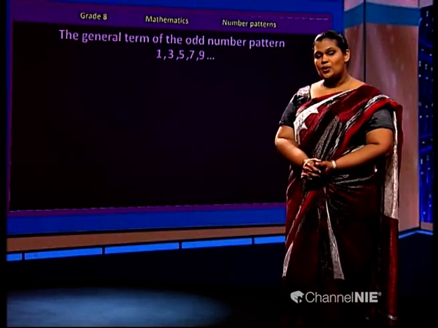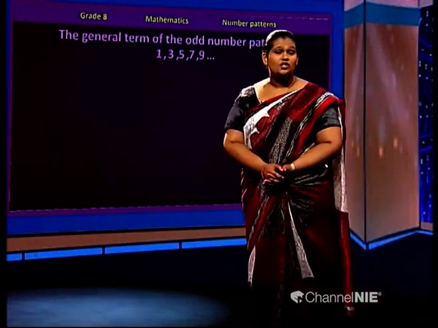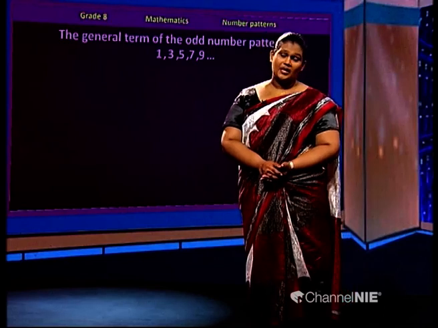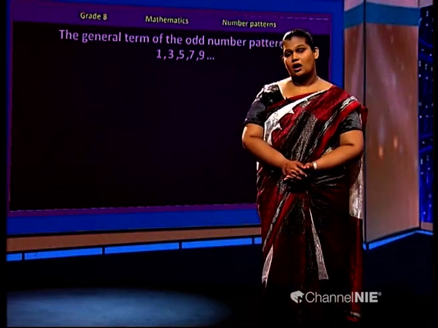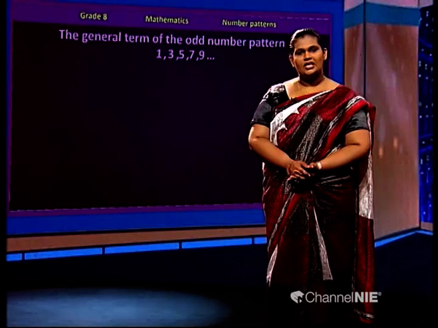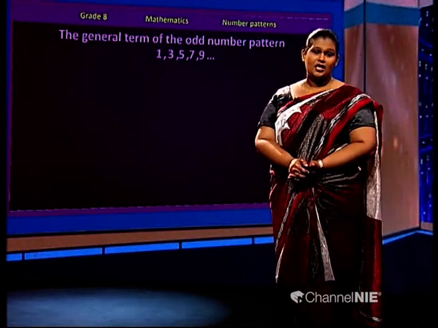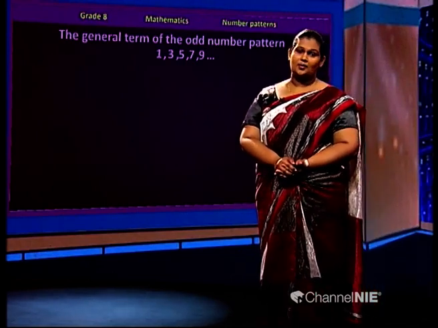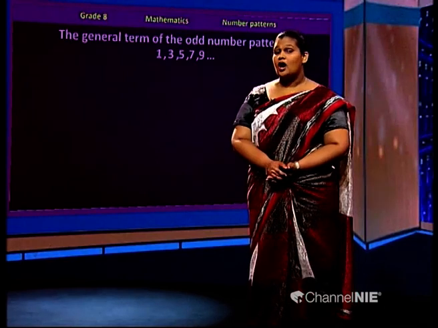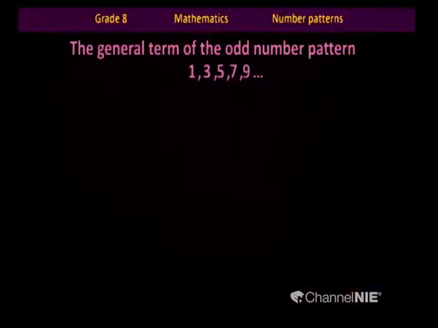Right. Now, we have discussed the general term of the number patterns of multiples of whole numbers written in ascending order. Now, we are going to consider the general term of the odd number pattern starting from 1 and written in ascending order. Right.